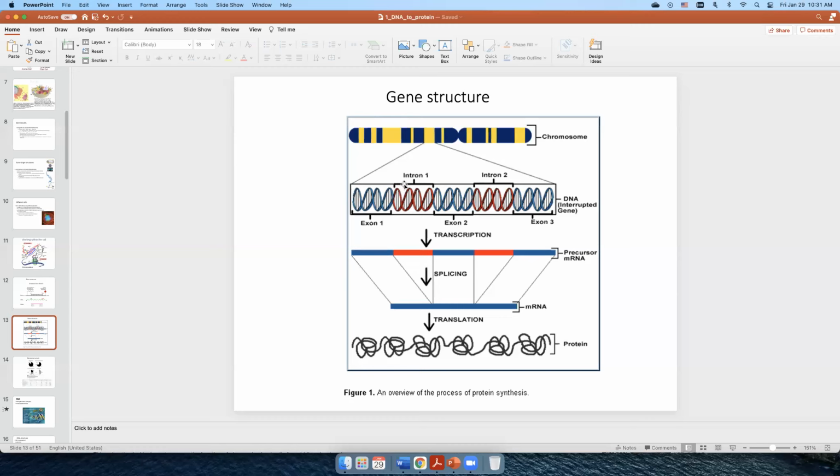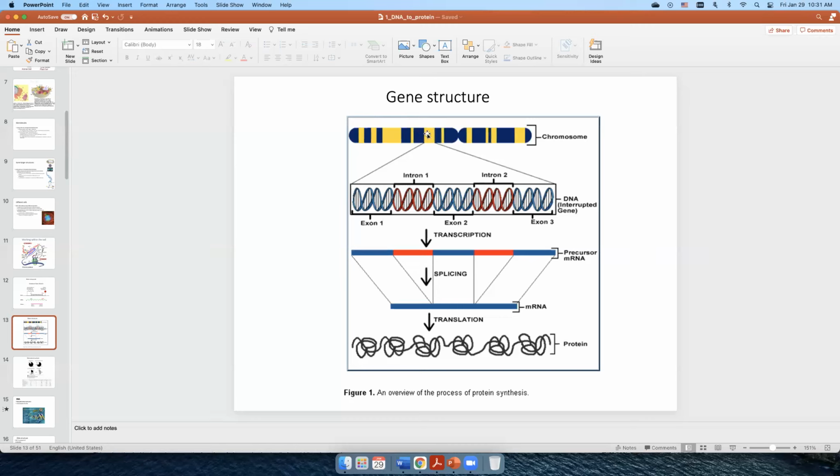For example, in this case, first of all, the blue region in the gene structure is not readable by the messenger RNA. So the blue part seems like it is wasted.